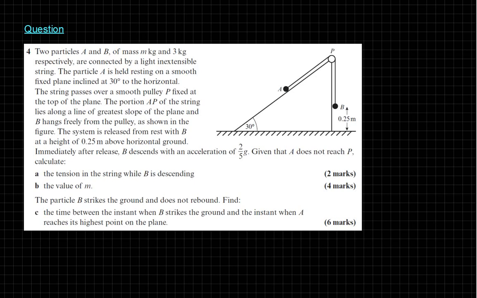It's fairly similar to the question that we were doing in the example, but this time you've got a few different things to calculate, but still the same idea. You need to consider the two separate objects, the particles A and B. Consider them separately and think about the formulas that describe their movements separately, and use F equals ma. So give that a go. You can pause the video now.